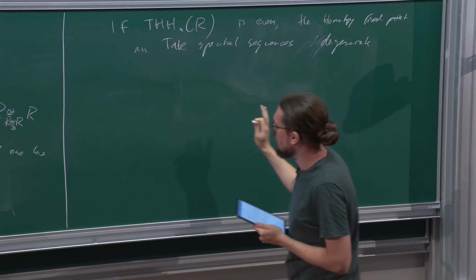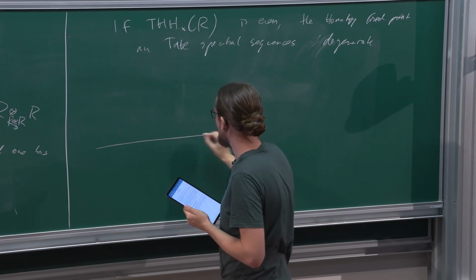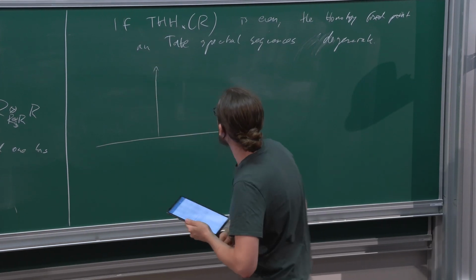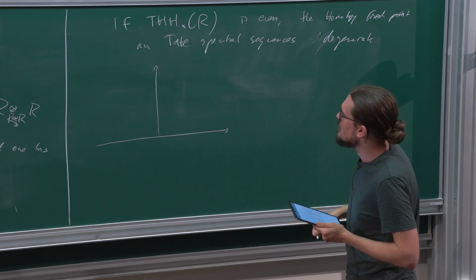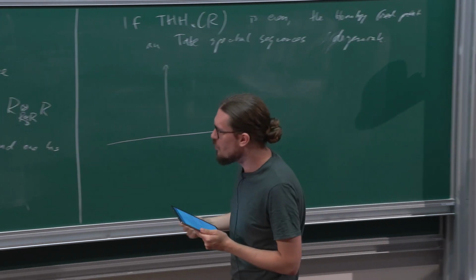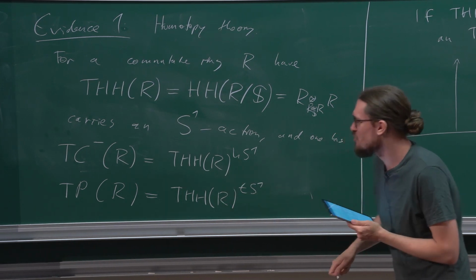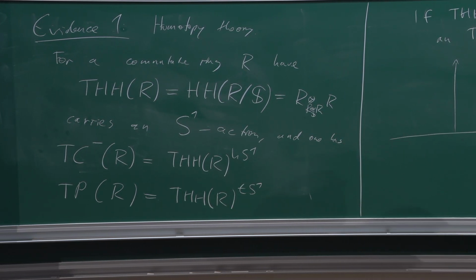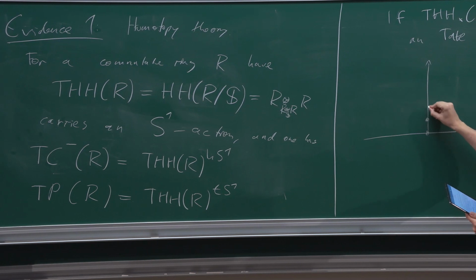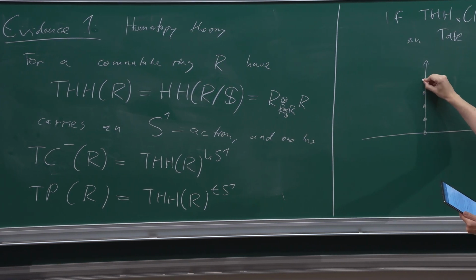Let me draw a very qualitative picture of how that looks like. So in the homotopy fixed point spectral sequence, you would have the cohomology of the circle group with coefficients in the homotopy groups of THH.